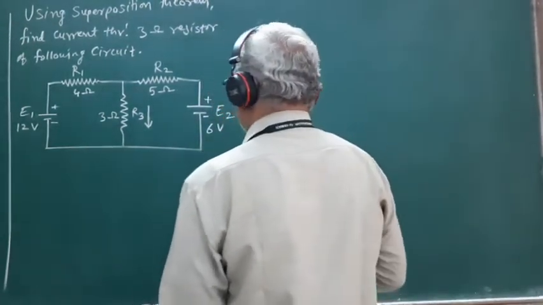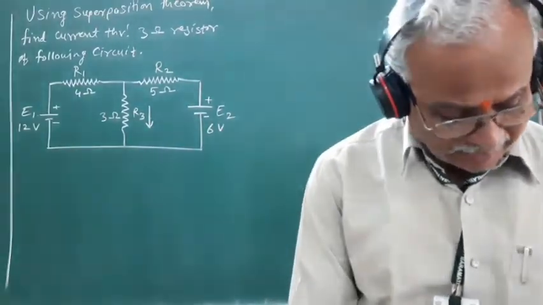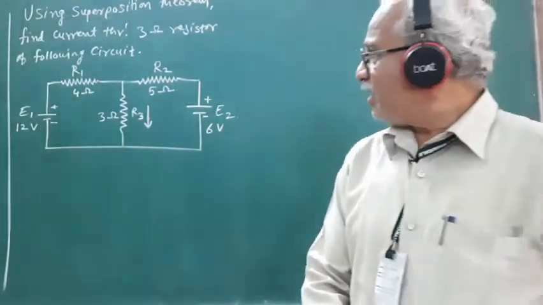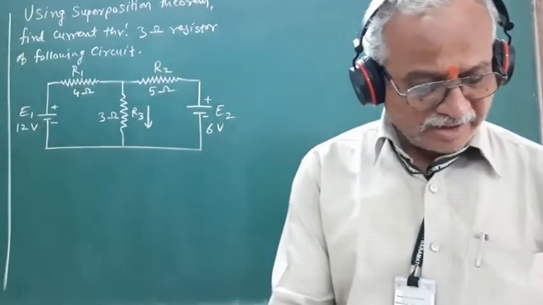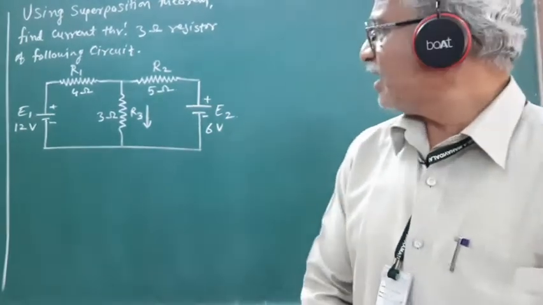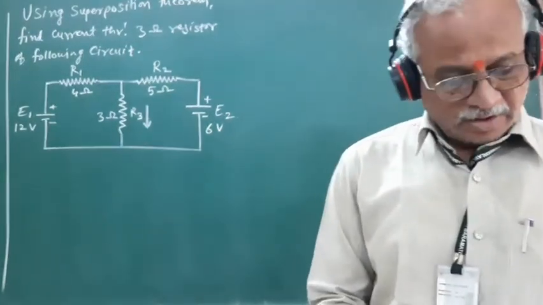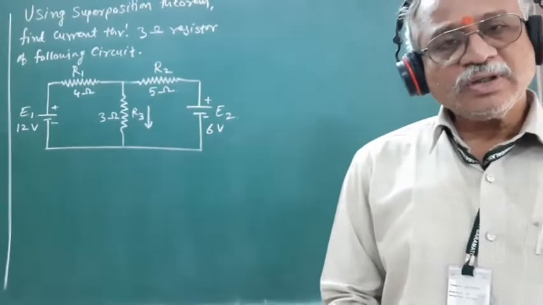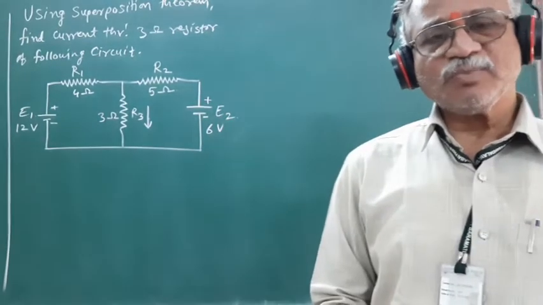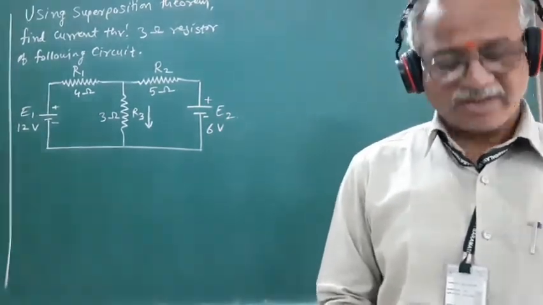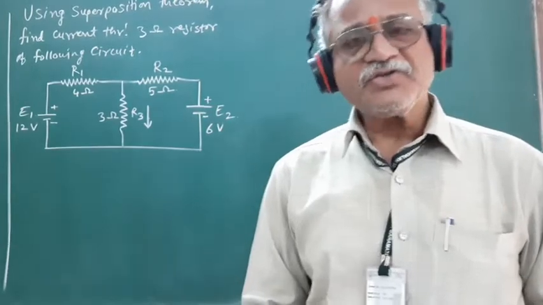In the first step, as per the superposition theorem, in a linear bilateral network, if there are a number of voltage or current sources acting simultaneously, then the current through or the voltage across a certain element is equal to the algebraic sum of the currents or the voltages produced independently by each source.